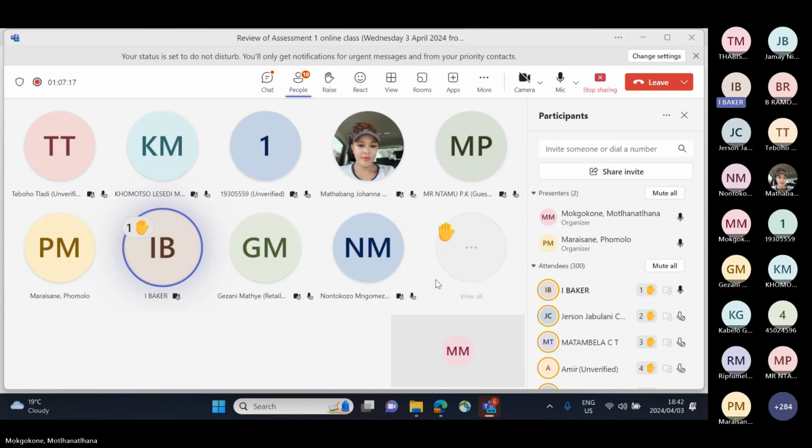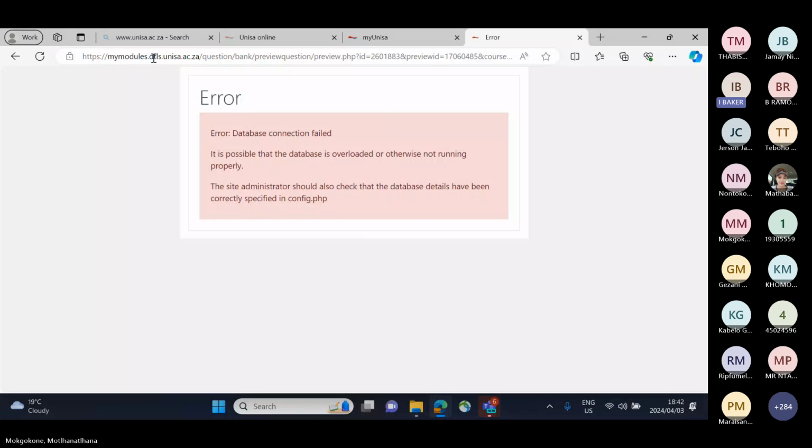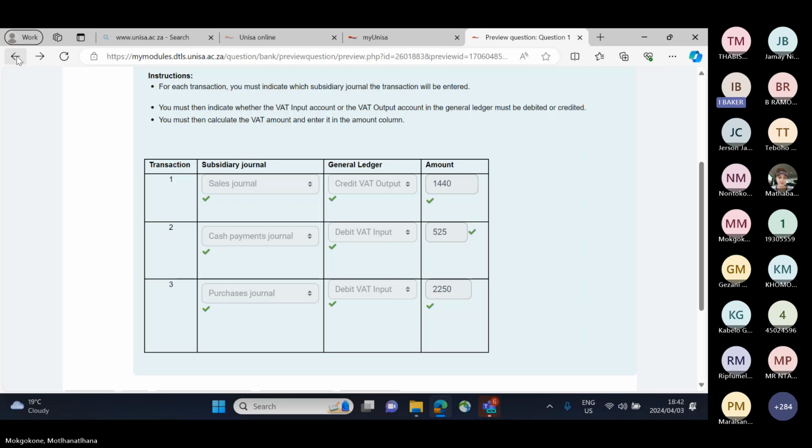My question is based on transaction number 2. Please explain furthermore, because I fail to understand how you managed to say it's a cash payment journal and it's a VAT debit input output. So please explain once more about that.